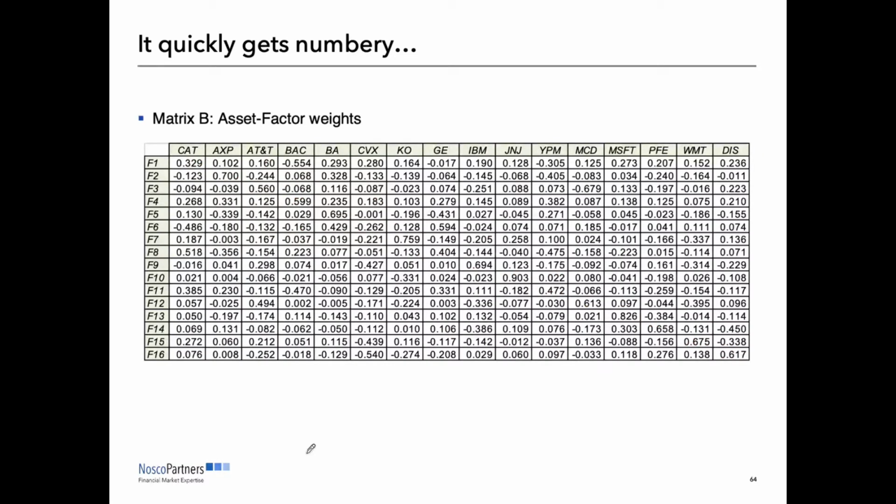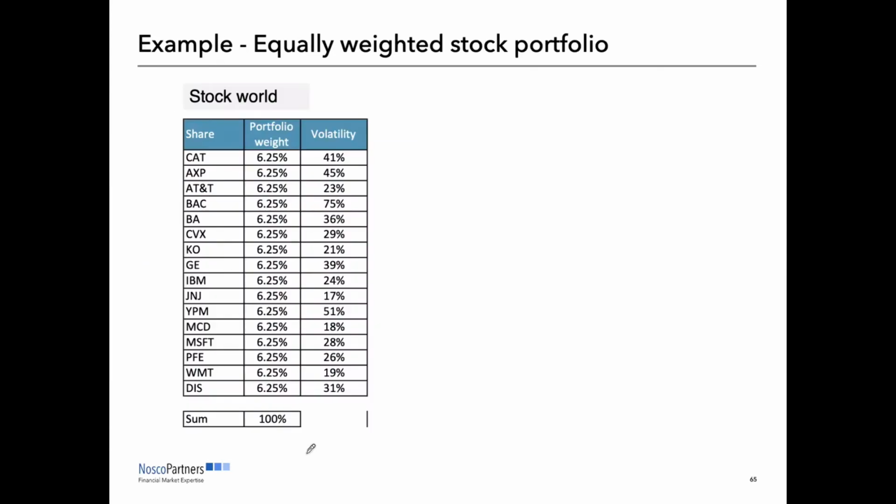And then I get again my matrix B, and you see my matrix B gets very, very big. But now, if I look at my equally weighted stock portfolio, you see the volatilities of my assets, and this is how much I invested in each asset.